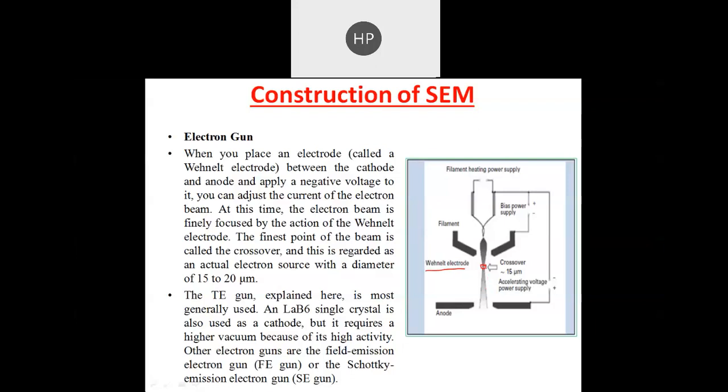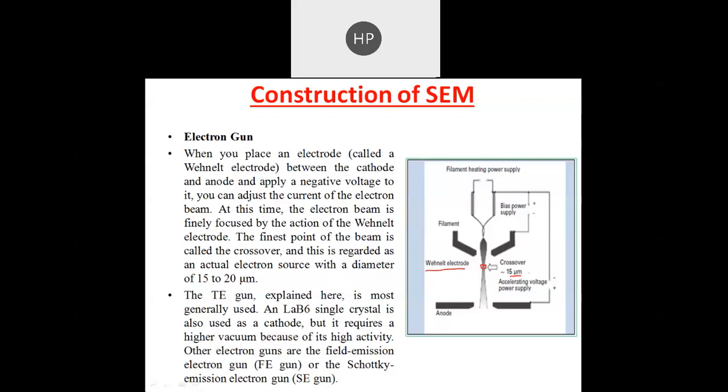That finest point is known as the crossover, and this is regarded as the actual electron source with a diameter of 15 micrometers to 20 microns. So you can see that the crossover point is very, very small, very fine.